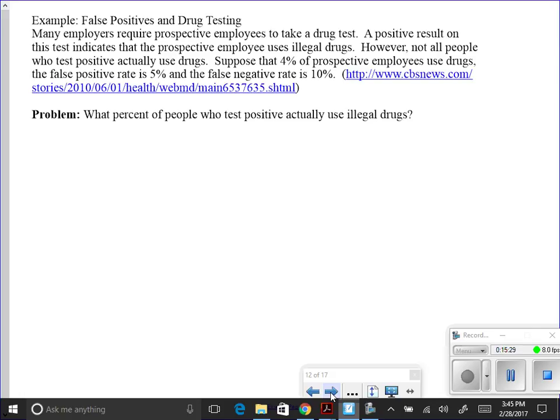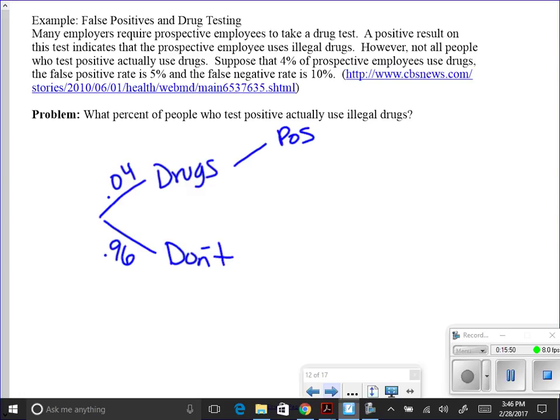All right, last question. This one's about drug testing. In this problem, you either use drugs or you don't. And it says about 4% of prospective employees use drugs, therefore 96% do not. If you use drugs, you're either going to get a positive test or a negative test. If you don't use drugs, you're going to get positive or negative.